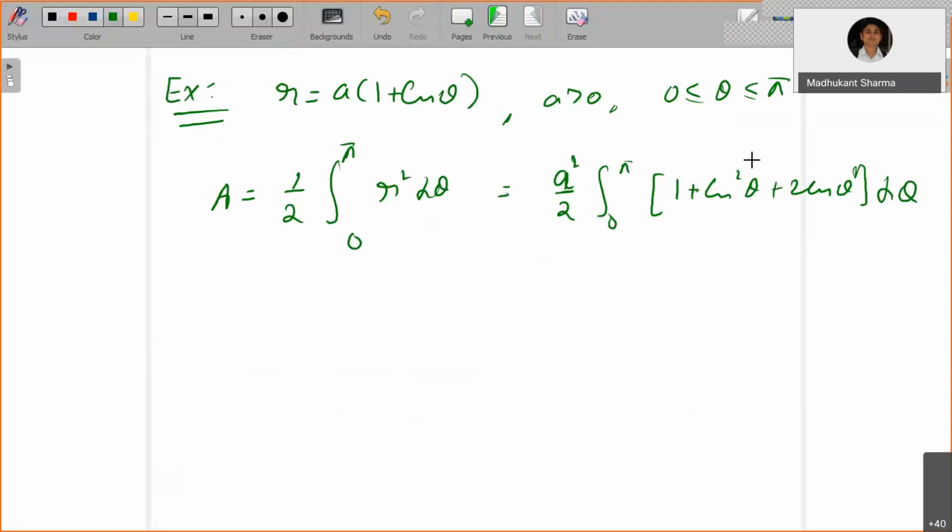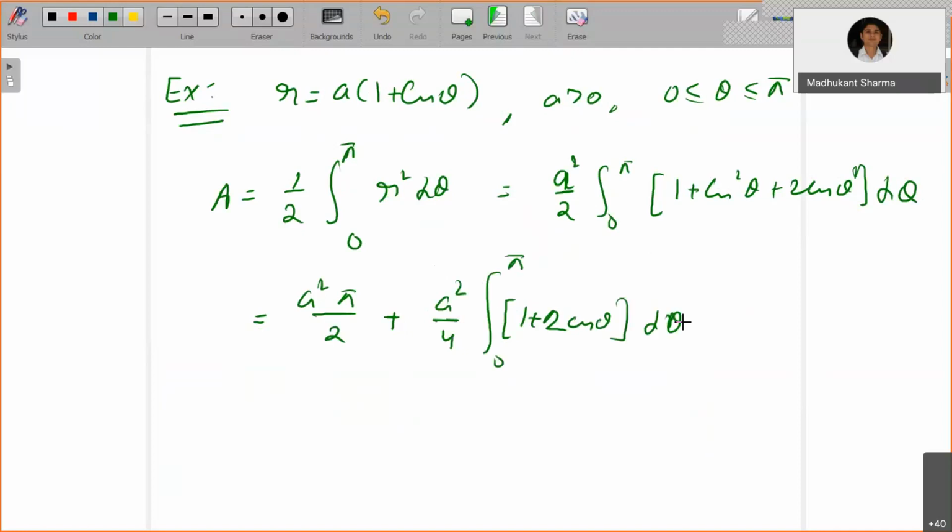Now you can write cos square theta as (1 plus cos 2 theta) by 2, and you can integrate it. So a square, the first integration will give a square pi by 2 plus a square by 4, plus 2 cos theta integrated from 0 to pi.